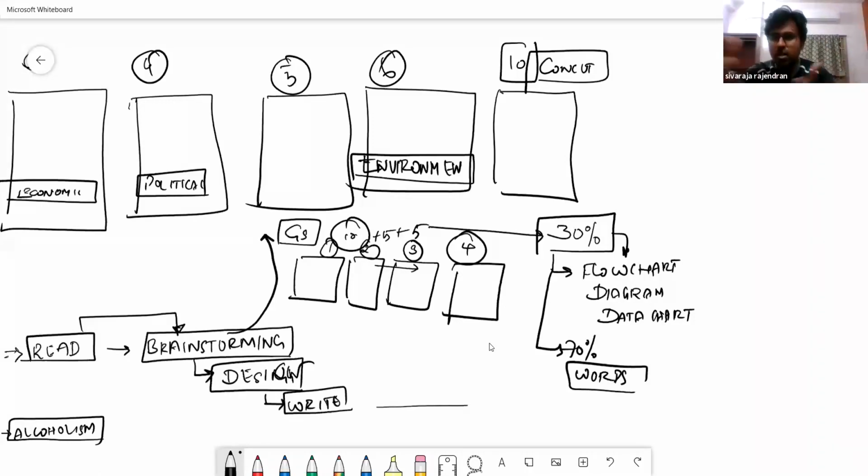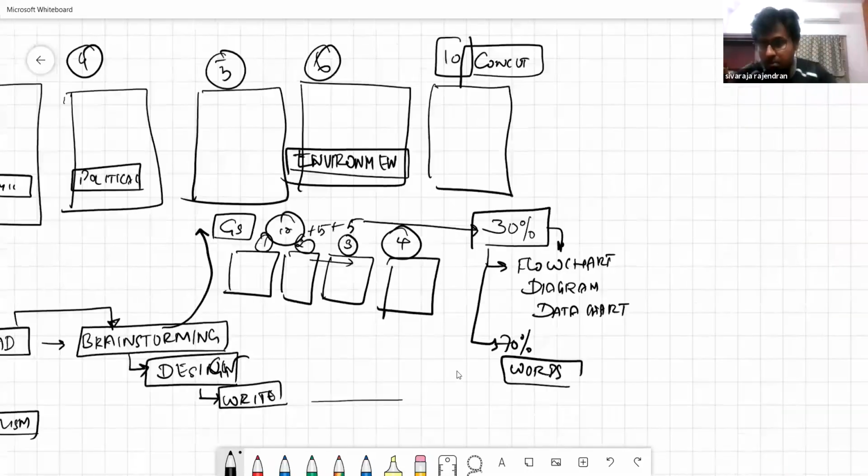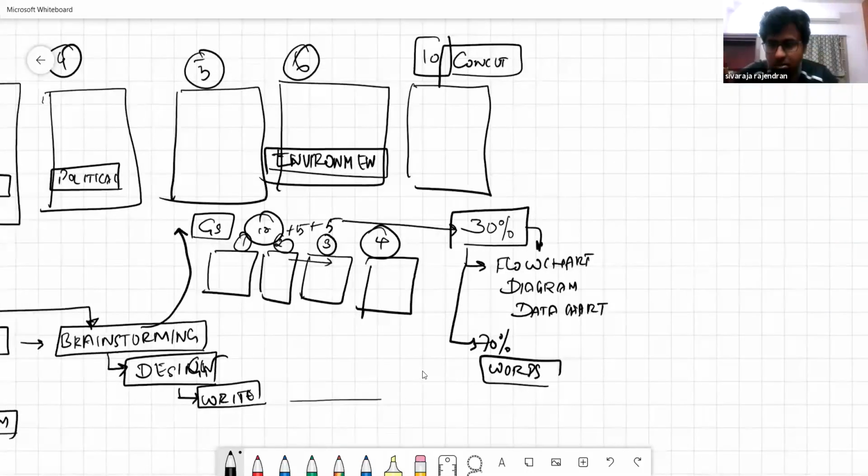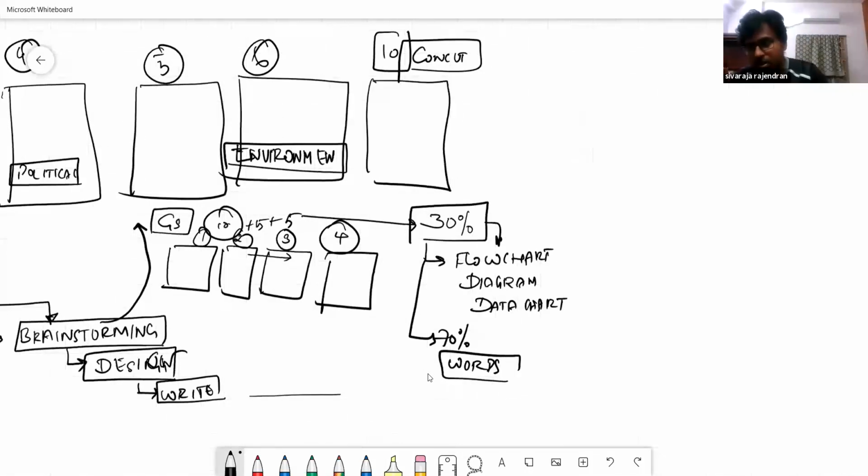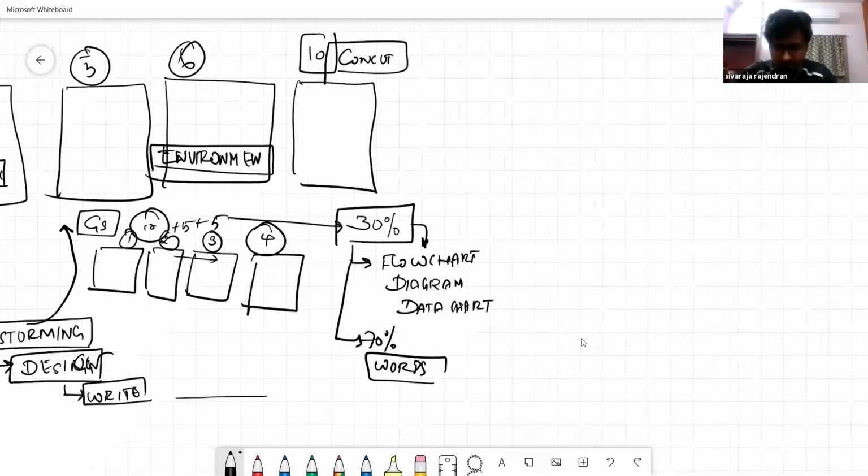Same for 2 pages proportionally. So you should design this way. This is what I mean by brainstorming. You do this first, and writing answers comes next. Now you understand.